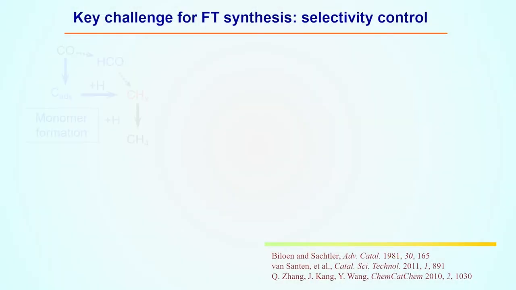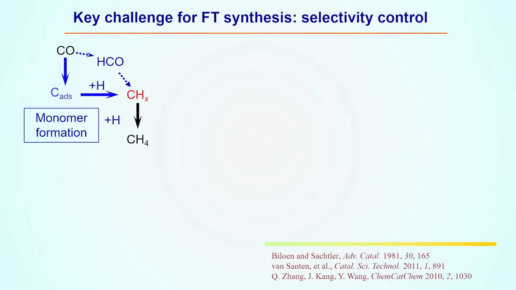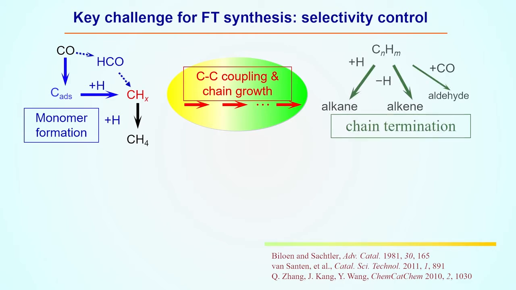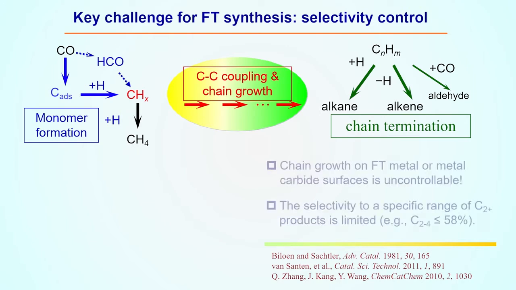It is generally accepted that FT synthesis proceeds through the dissociation of CO, the generation of CHx species, the coupling of CHx species to CnHm intermediates with different carbon numbers, and the formation of products via hydrogenation or dehydrogenation. The key to the product selectivity is the C-C coupling and the chain growth process.